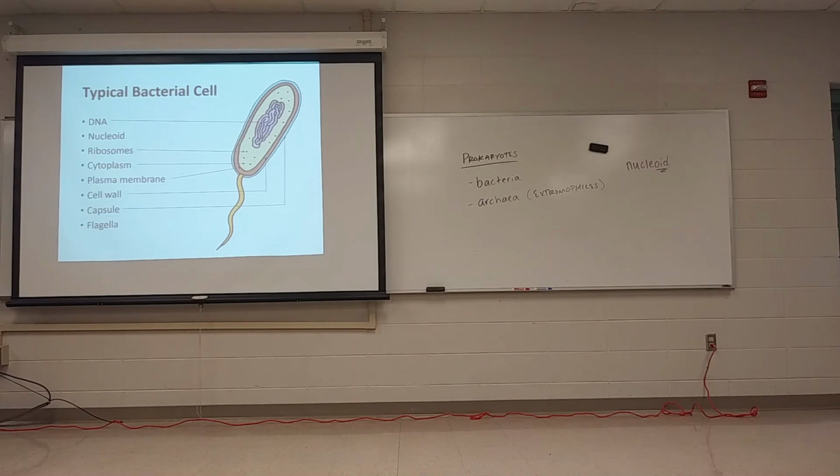Some of them have sticky capsules. Some of them have a whip-like tail called a flagellum. Plurally, it's called flagella. But these are features often observed in bacterial cells. Like I said, we don't talk about them too much in here. Microbiology goes into much more detail about the life history of these guys.